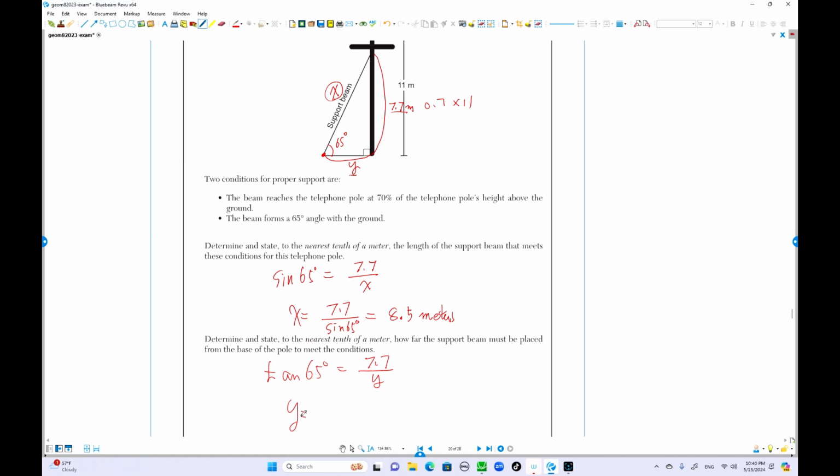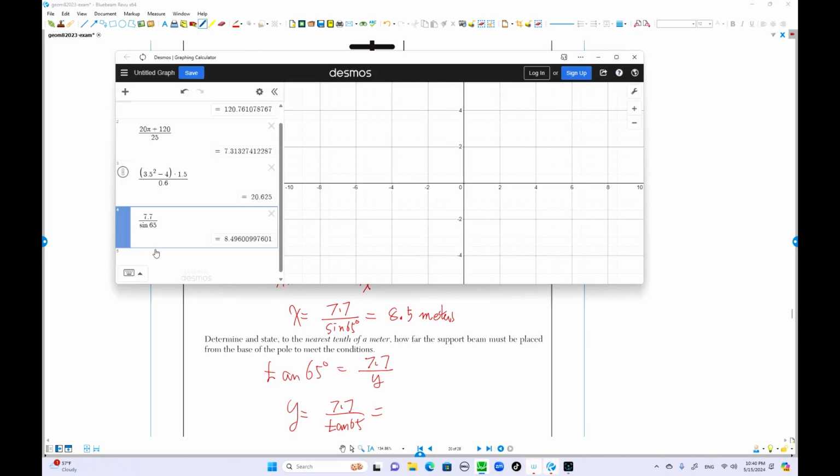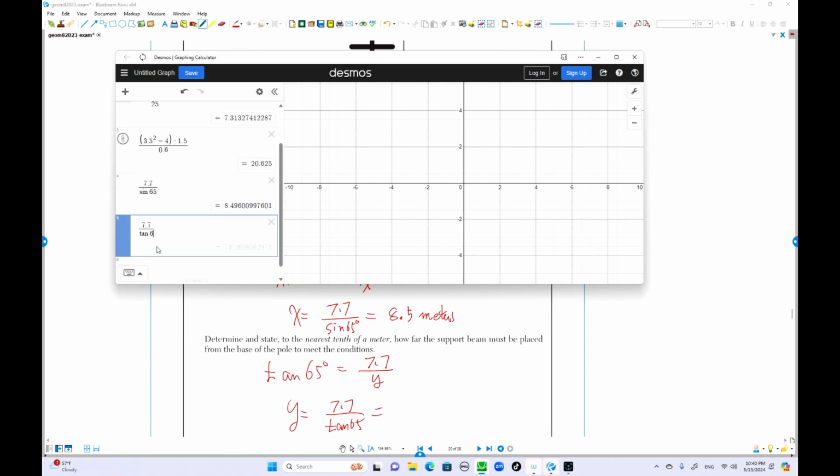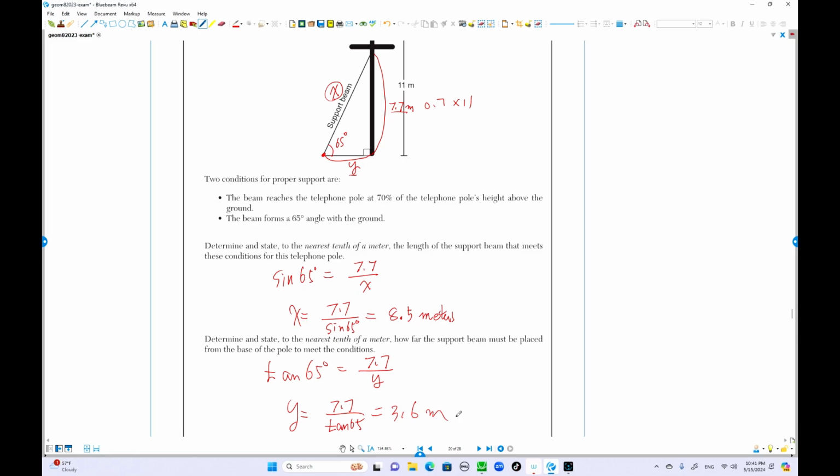So y equals 7.7 over tangent 65, okay? So use this one, 7.7 over tangent 65. The answer is 3.6, or nearest tenth of a meter, 3.6 meters.